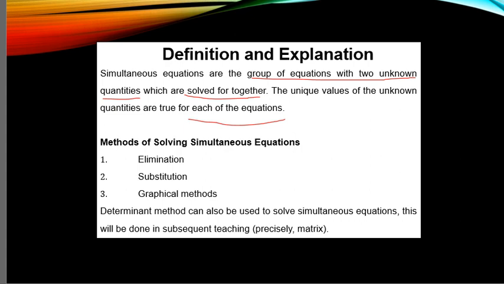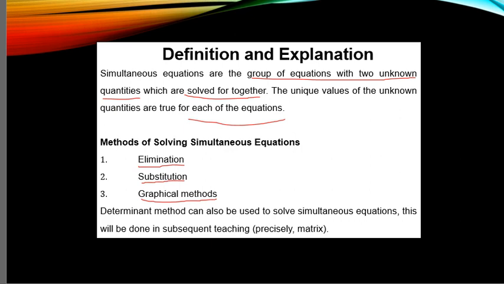Methods of solving simultaneous equations. Basically, we have three methods. The first one is the elimination method, the second is the substitution method, and the third is the graphical method. As we advance, you will learn later, precisely in matrices, that you can also solve simultaneous equations using determinants.